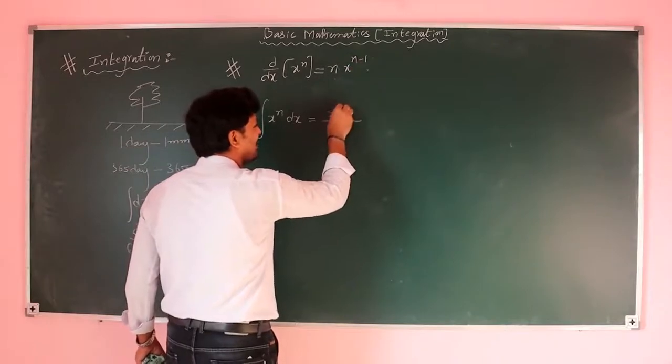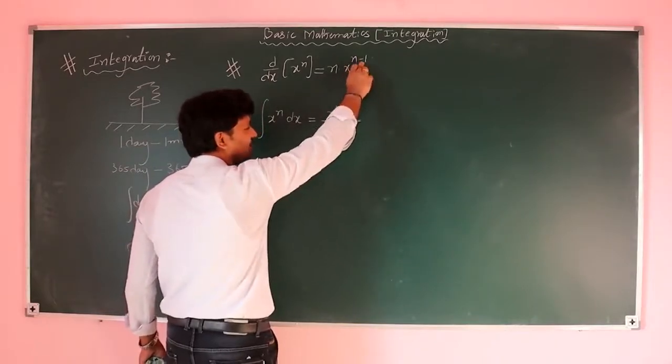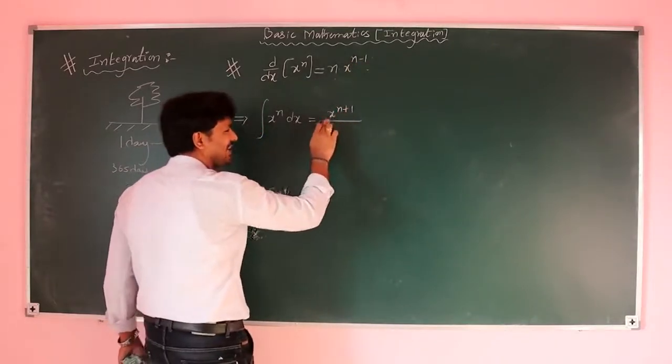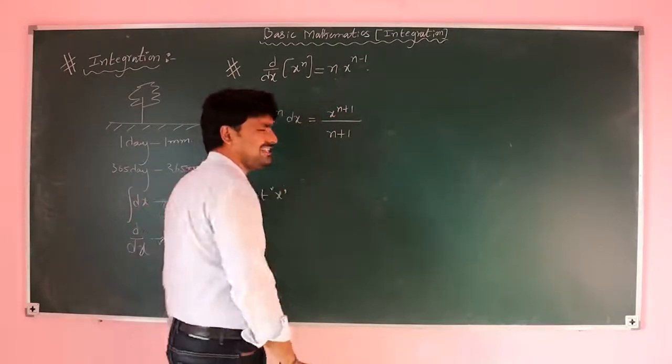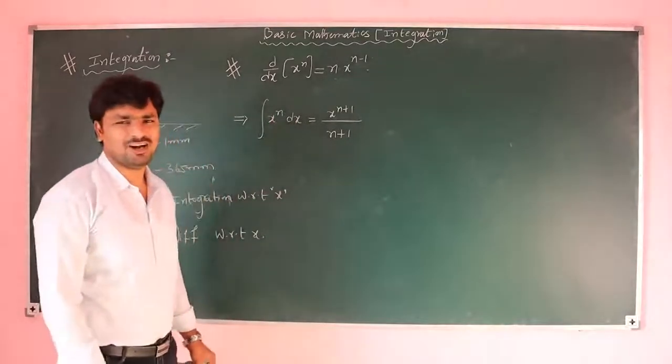So it is x power n plus 1 upon n plus 1.